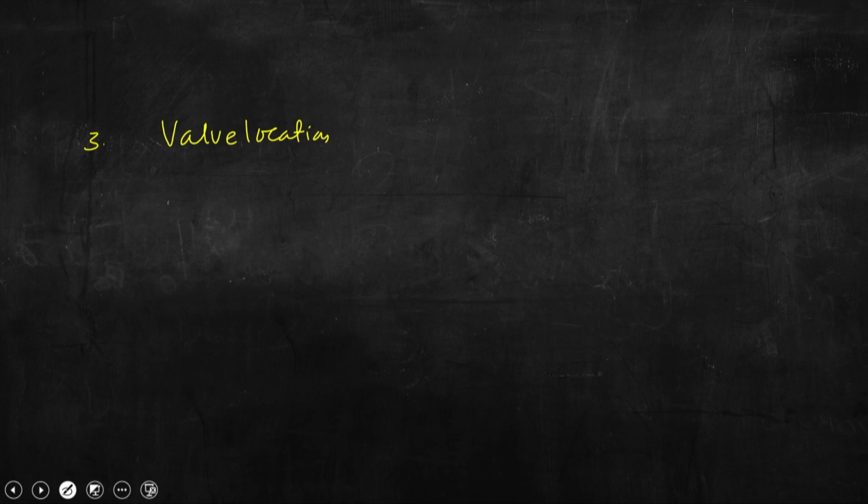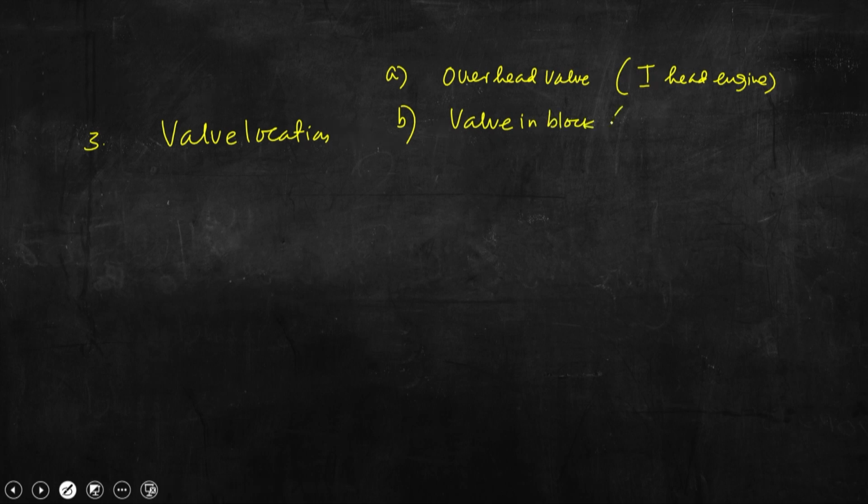Again it can be overhead valve, which is also known as I head engine, then valves in block, where the valve is in the top. Then this is called the T head engine.